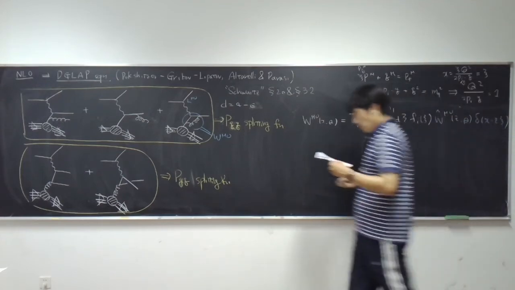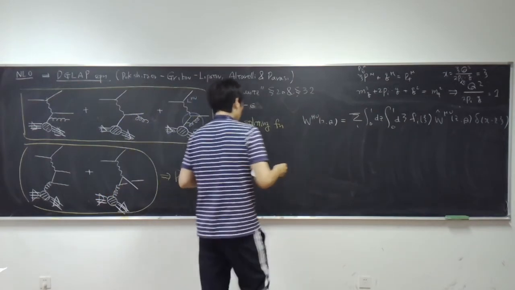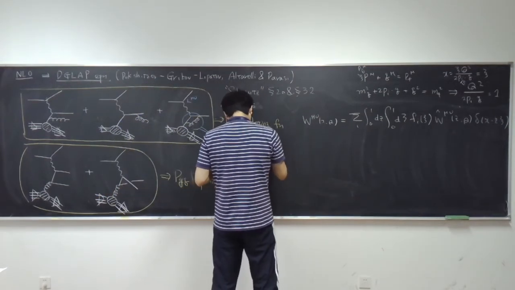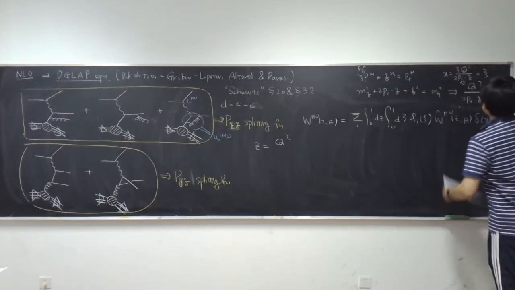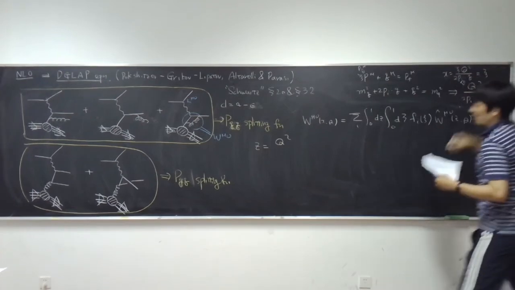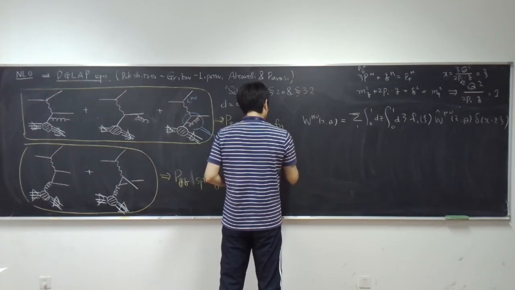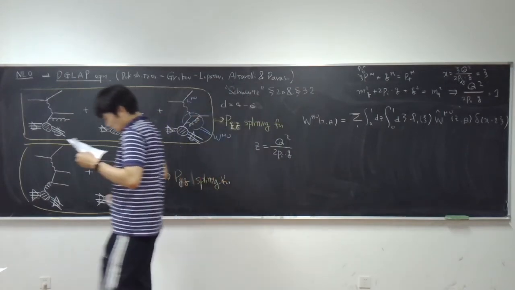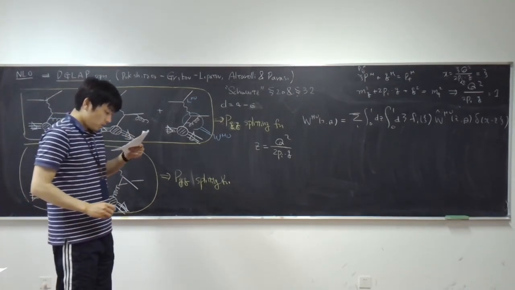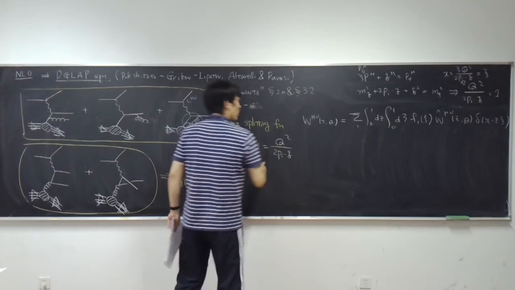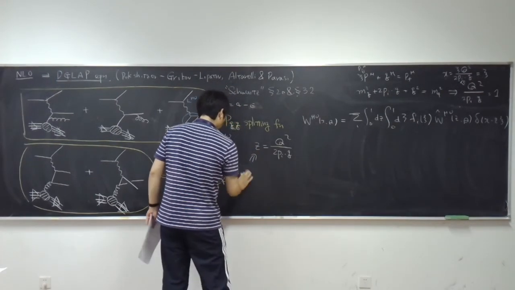Wait, what is z? z can be defined as follows: q squared over 2 p·q. So z is this part. This is the partonic counterpart, the partonic version.